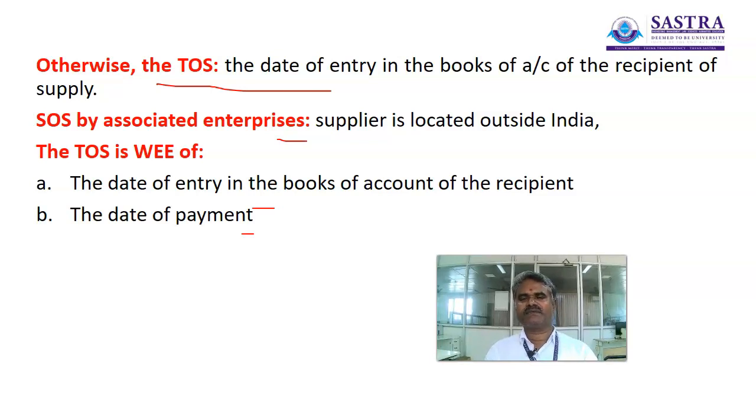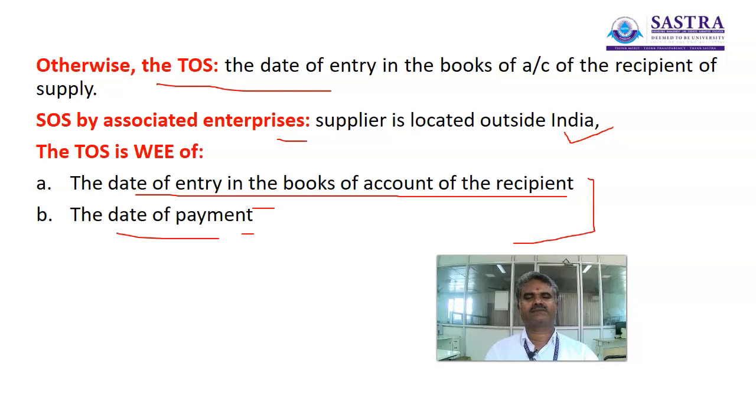Now, for supply of services by associated enterprises or supplies located outside India, whichever is earlier: the date of entry in the books of account of the recipient, or the date of payment. Take for example, you get services from abroad, from an engineer or architect.